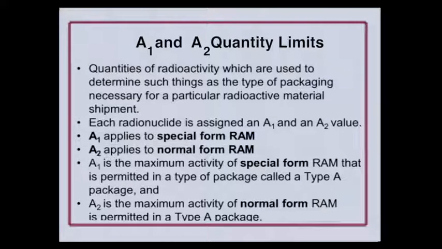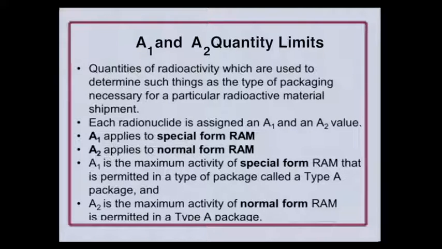If it's special form, I'm going to look at A1. If it's normal form, I'm going to look at A2. And those values are the maximum activity that's allowed in a Type A package. We'll talk about types of packaging later. But those are the steps leading up to classifying a radioactive material shipment.